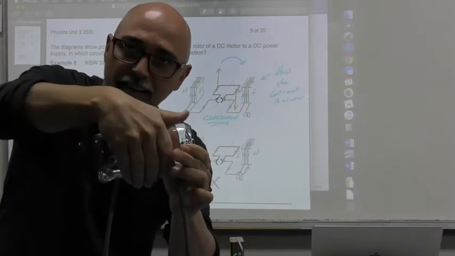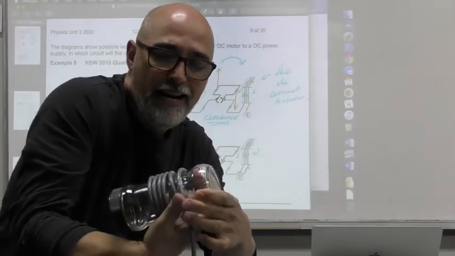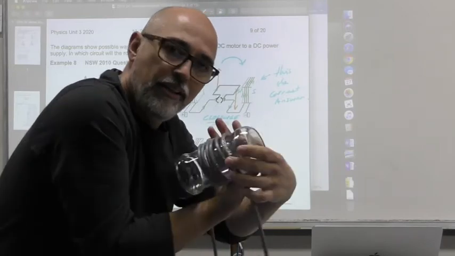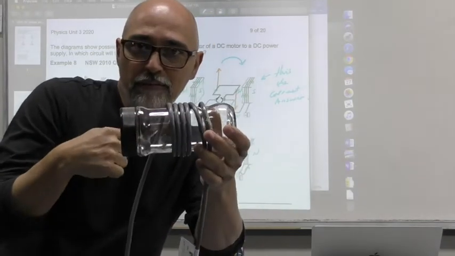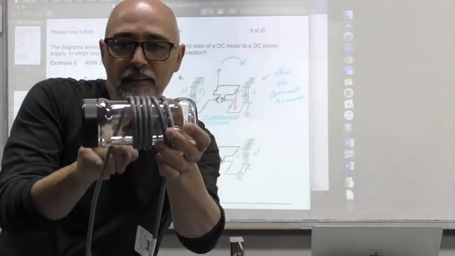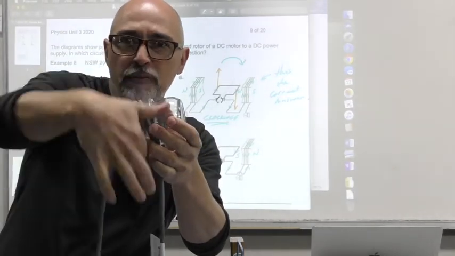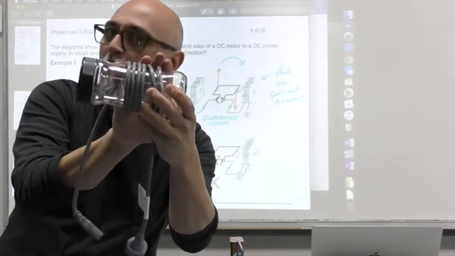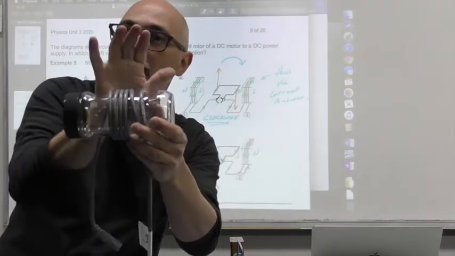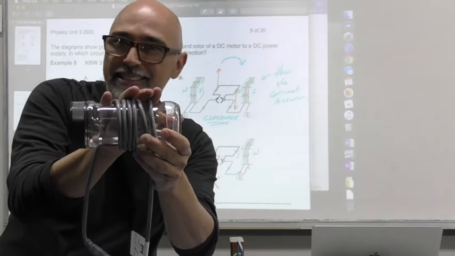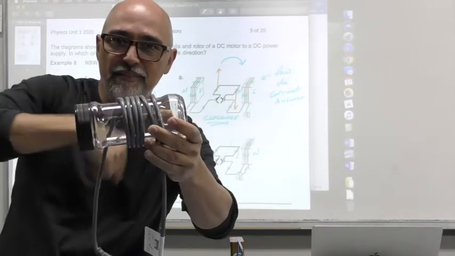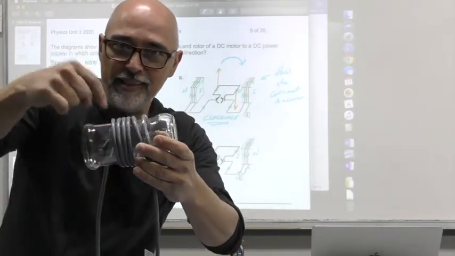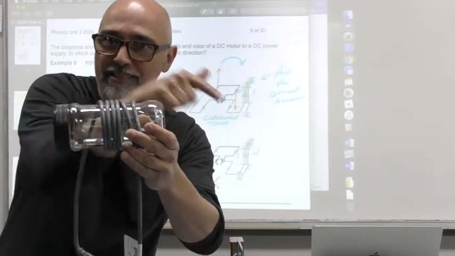Now it doesn't matter if I roll my hand all the way around so that in my reference frame the current is moving up. For you it's moving down, for me it's moving up. It doesn't matter. I still put my fingers in the direction that it's moving, and my thumb still points north. North doesn't change because I'm sitting on this side of the solenoid and you're sitting on that side. So that's north no matter what.